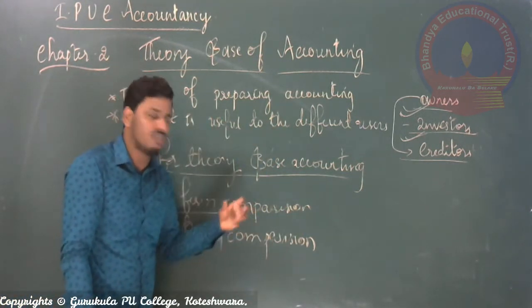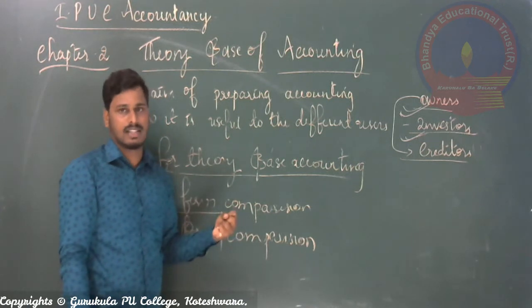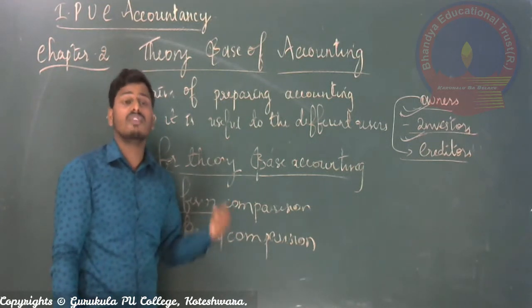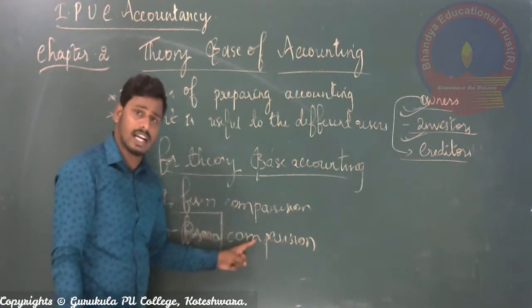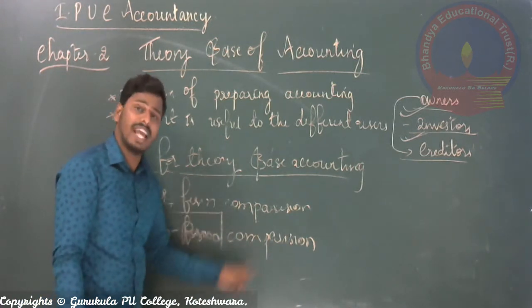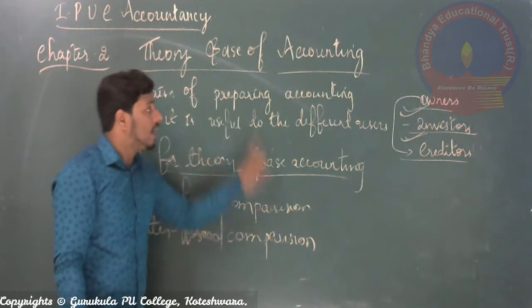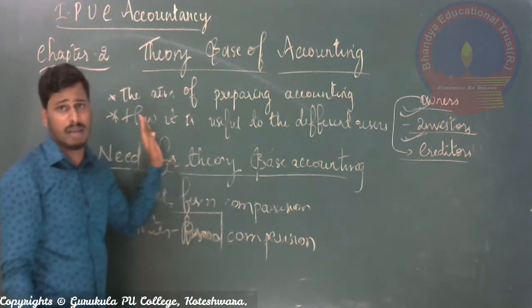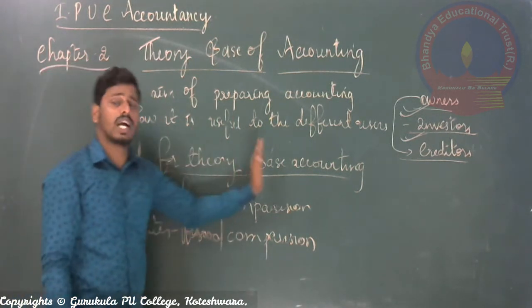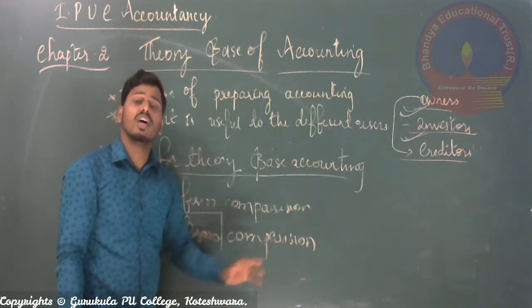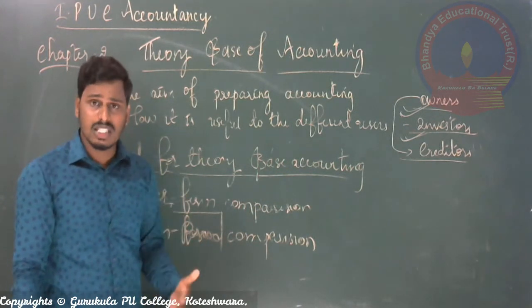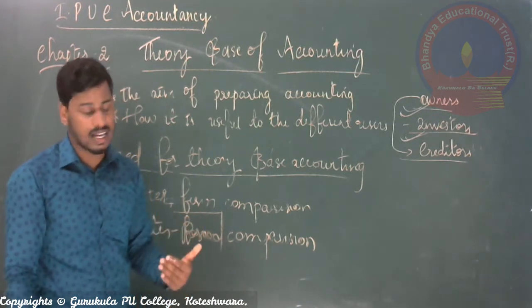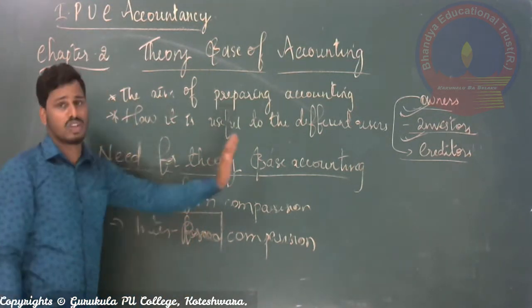Then only can they find the position of the business concern. To judge the financial position of the business concern, these two comparisons have to be made, and in order to make them, theory base of accounting is very important. Theory base of accounting is nothing but following rules, consistent methods, concepts, principles, etc.